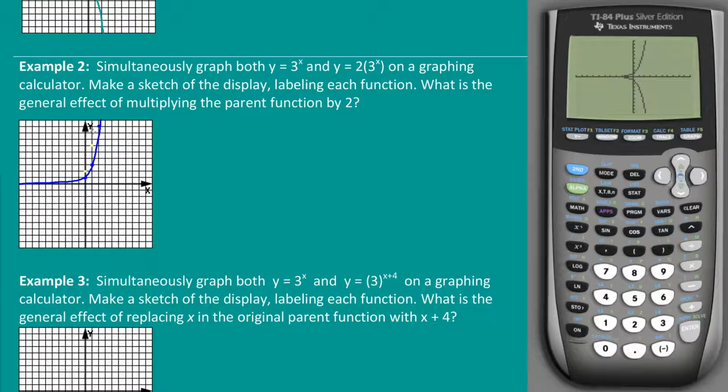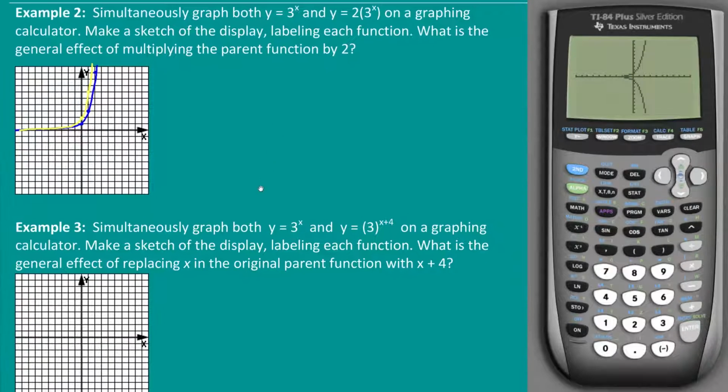My y will be 6 here. It'll go higher. So it doubles all of these values. So it's going to look something like that. On the quiz and the test, I want you to be able to identify that one will be a stretch of the other, a vertical stretch.